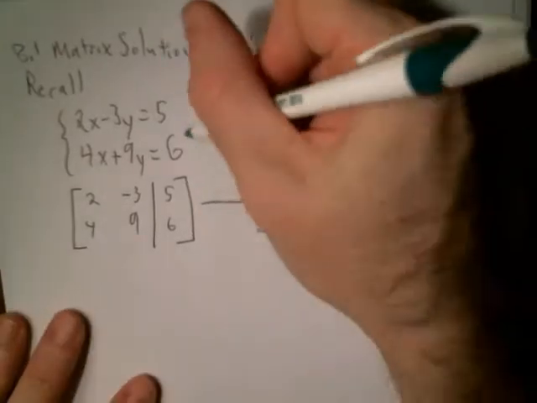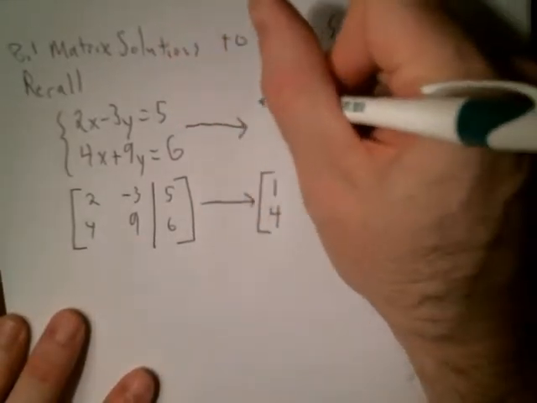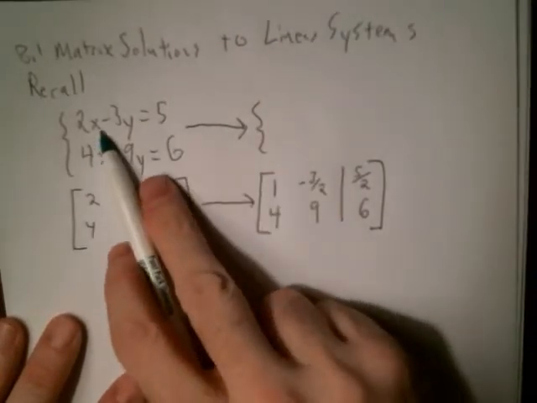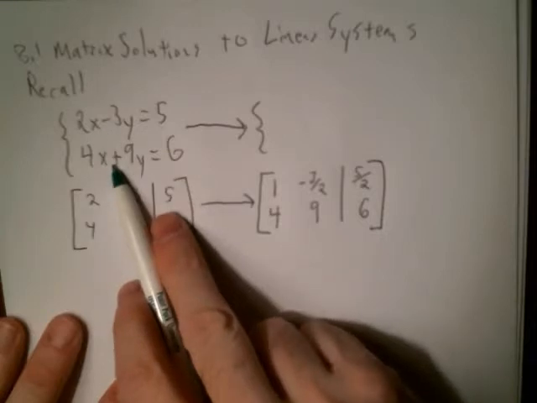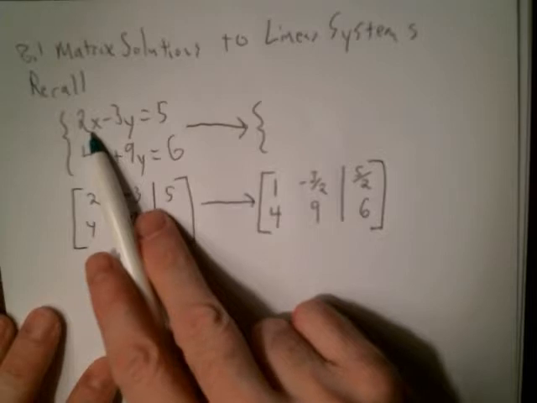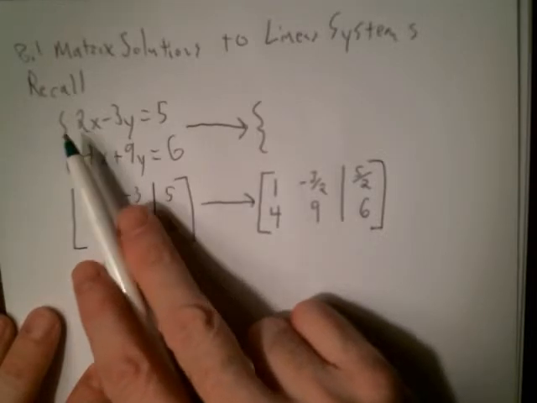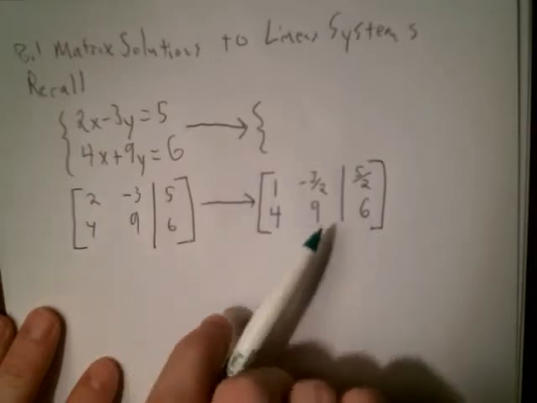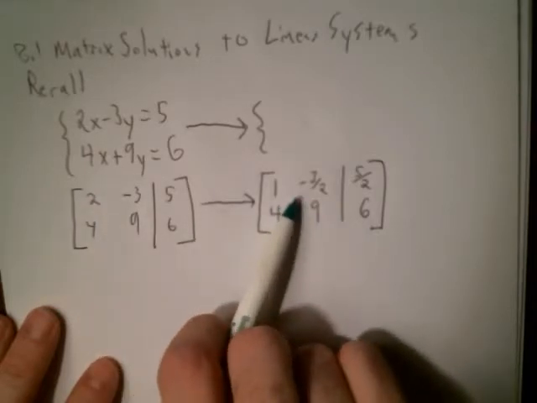So what is the counterpart to the systems? Well, normally you would just multiply this by negative 2 and then add it to this, but we want a more general procedure. So what we're going to do is put a 1 here and then multiply it to add it to this thing, but we're going to keep this guy the same.